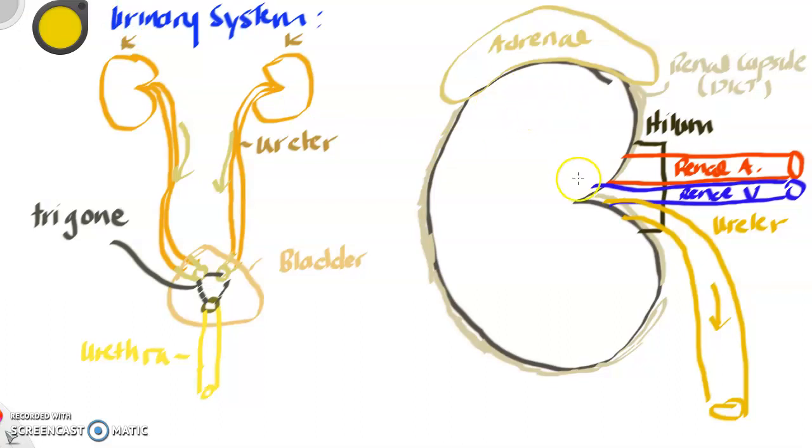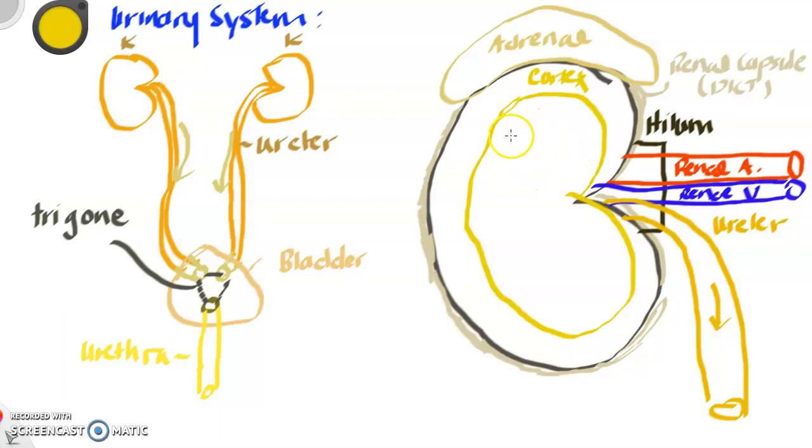And you're going to notice that the kidney is structured a lot like what we saw in the lymph node. All right. So this outer area right here, up here is the cortex. There's the cortex. So the middle area is the medulla.